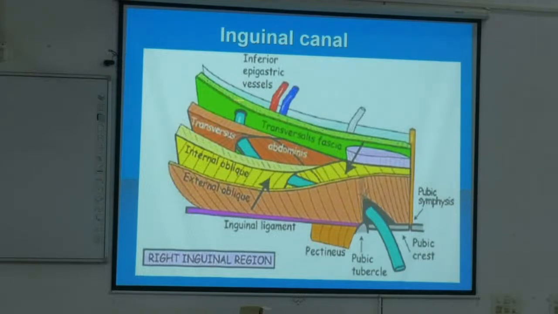So, if the herniation occurs lateral to the inferior epigastric vessels or through this deep inguinal ring, that is known as indirect inguinal hernia. And if the herniation occurs medial to the inferior epigastric vessels, that is known as direct inguinal hernia, and that occurs through a triangle named Hesselbach's triangle. You have to know the boundary. We will learn the boundary.